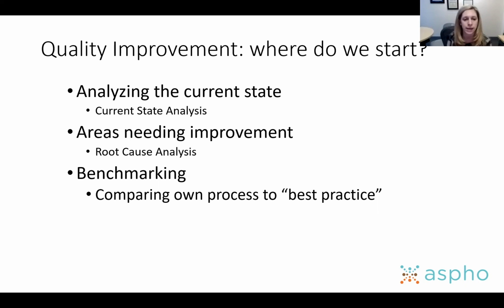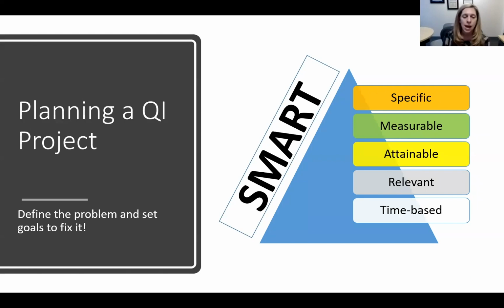And we can also engage in a process called benchmarking, where we can compare our own process to best practices that are out there and recommended. So these are some of the initial steps to define where we are and what should be our area of focus to improve quality.